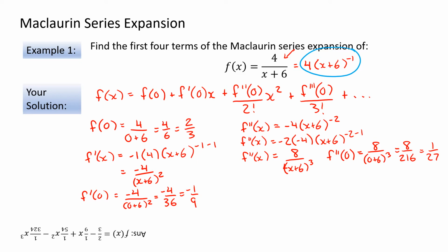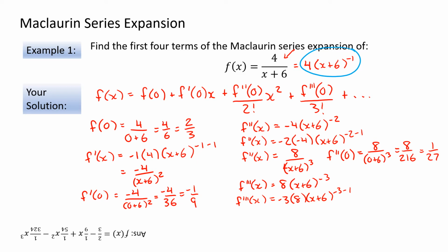So last we have our final derivative, the third derivative. F triple prime, or the third derivative of x. In this case, looking at our previous equation, we start with 8 times x plus 6 to the negative 3. So f triple prime of x is equal to negative 3 times 8 times x plus 6 to the negative 3 minus 1.